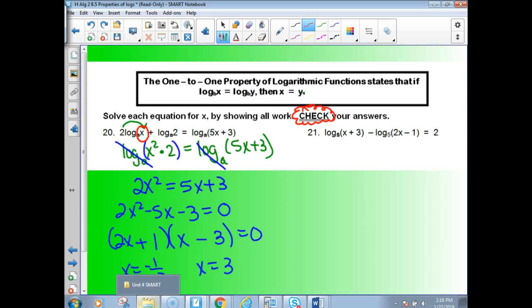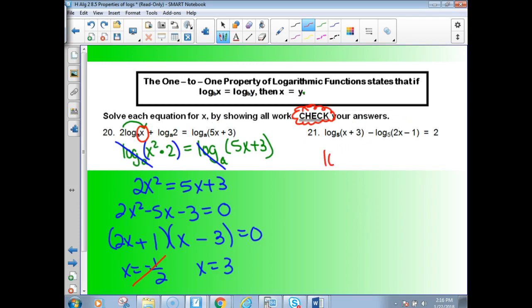Why is that? Well, there's no exponent that will make a base become negative, and our bases are all positive. So that means this one's out of there. 3 looks like it's fine. It won't make any of this negative. All right, so we'll try the next one.